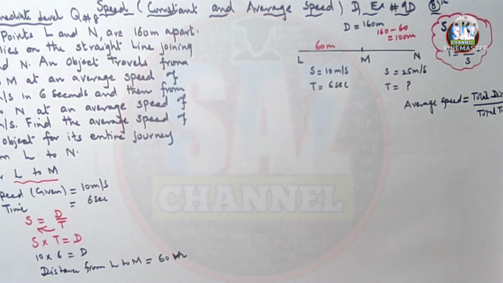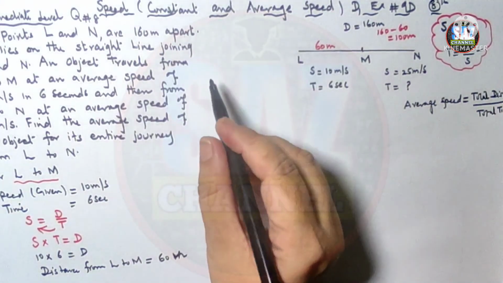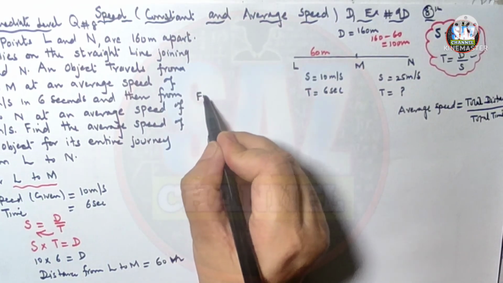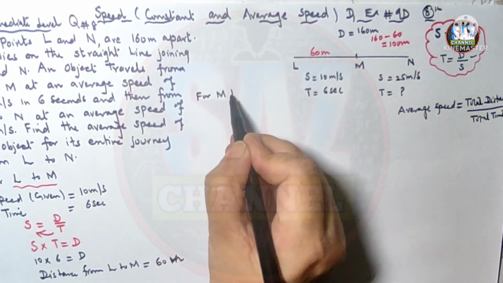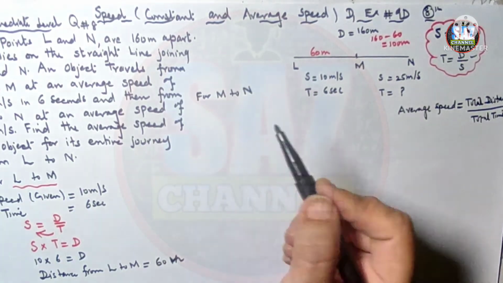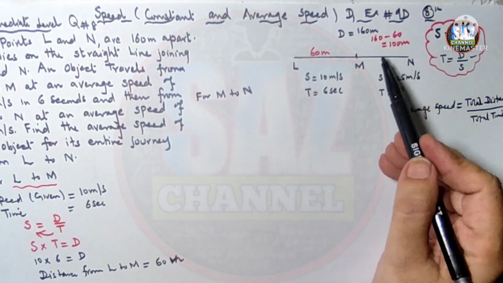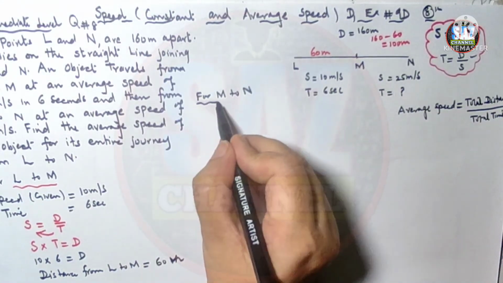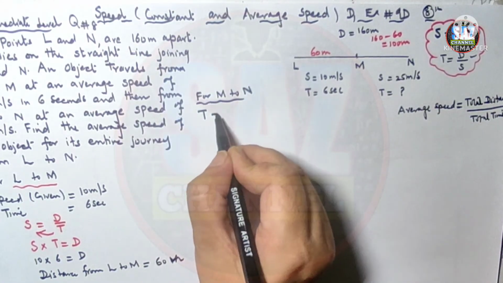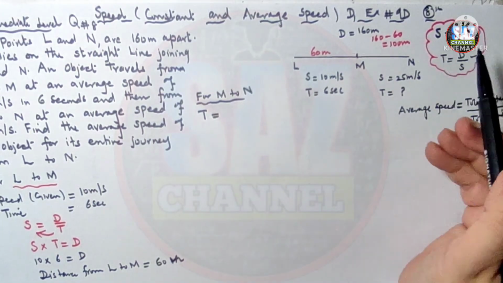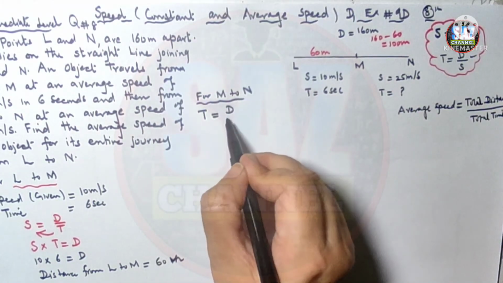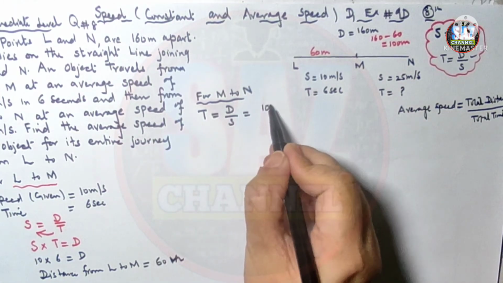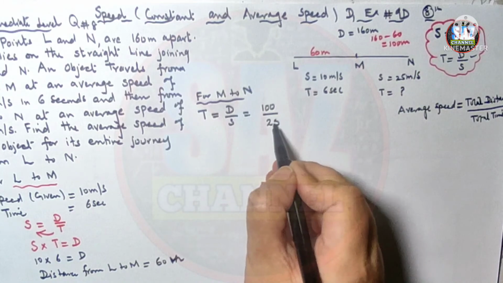Now with the help of this distance, for M to N, we have the speed with us, we have the distance with us. Time equals distance upon speed, and this will give me 100 divided by 25.